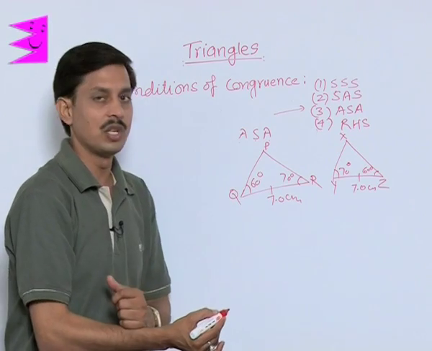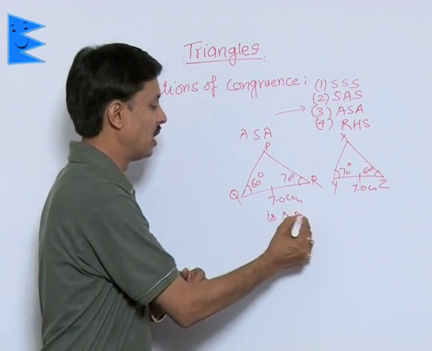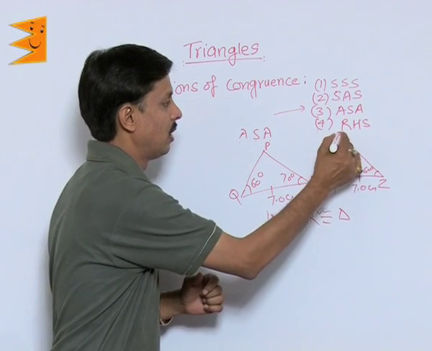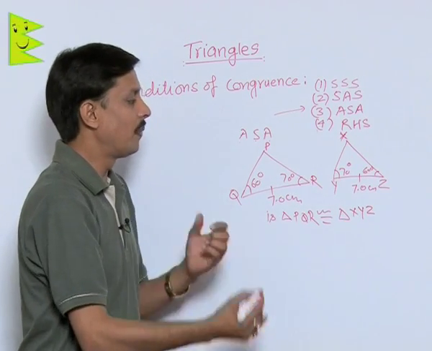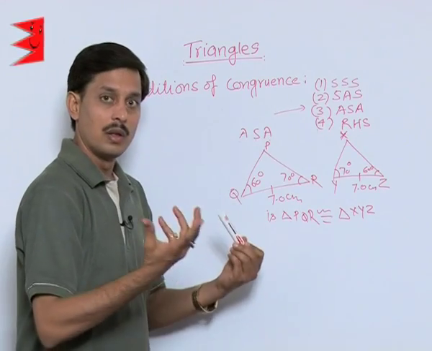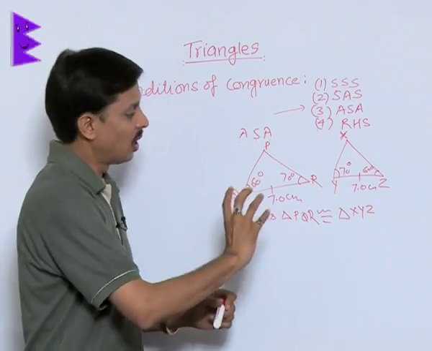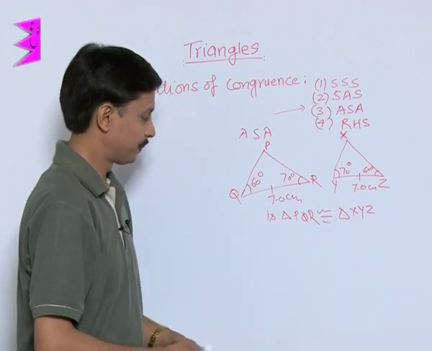Now again my question is: is triangle PQR congruent to triangle XYZ? Then definitely the answer must come, yes or no. Here I have to check whether the order of PQR matches with XYZ or not.